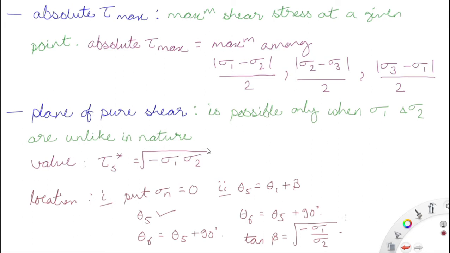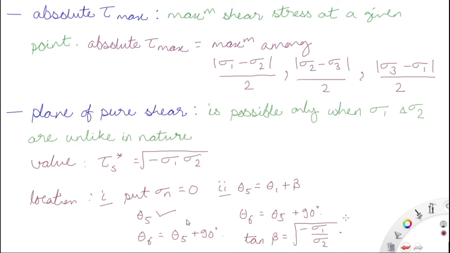Now the shear stress in the plane of pure shear, tau s star, is equal to the square root of minus sigma 1 into sigma 2, and for the location you put sigma n equal to 0, then you will get theta 5, using the formula that we had written first. Once you get theta 5 you can find theta 6, which is theta 5 plus 90 degrees.